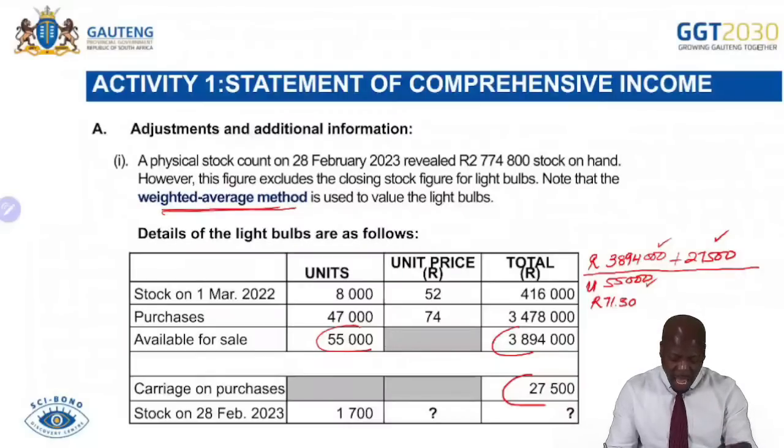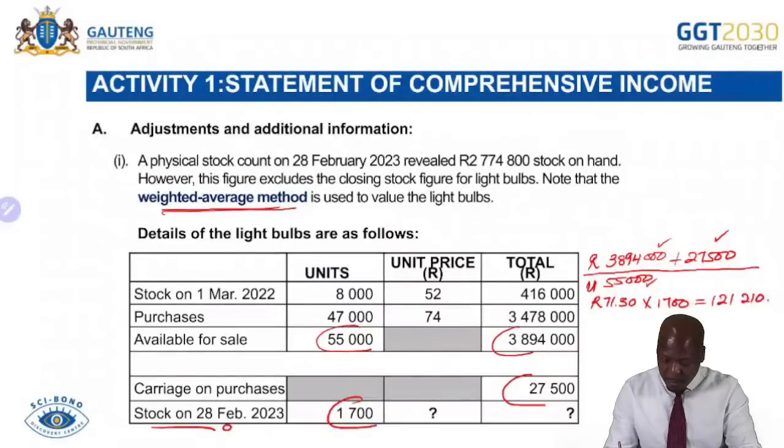Now we need to know how many units we have as our closing stock. You come here, and we are told that the stock on the 28th of February is 1,700. So I'll then say my 71 Rand 30, multiplied by the 1,700, which is the number of units at the end. If I punch that in my calculator, I would then get 121,210.